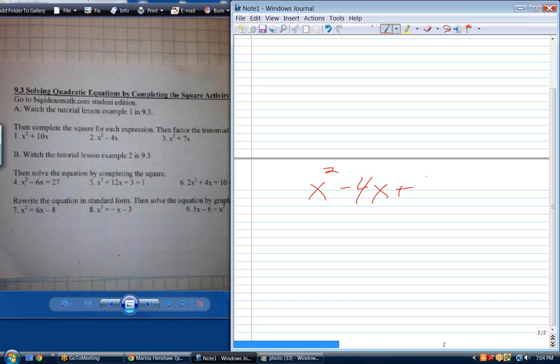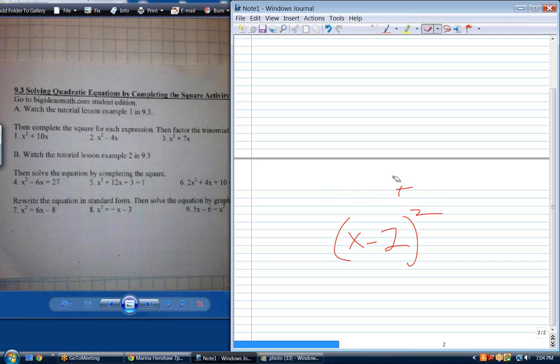And then how would I represent it? x plus 2. It's always going to be the same sign as that. Oh, okay, minus 2. Yeah, because that's the only way you can produce that middle term of minus 4x, if it's x minus 2. If it's x plus 2, this middle term would be a plus. So the sign you put here is always going to be the same as the sign there.